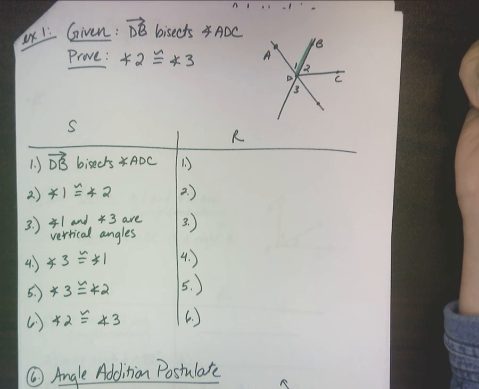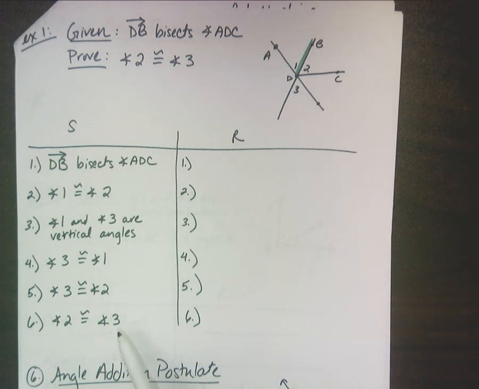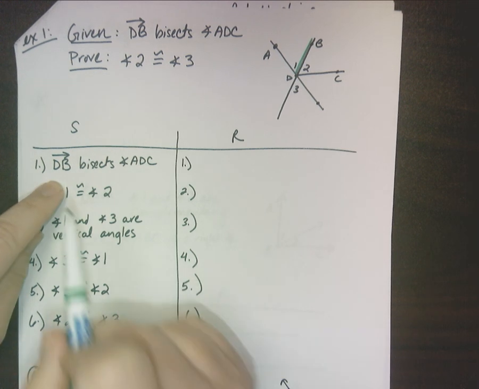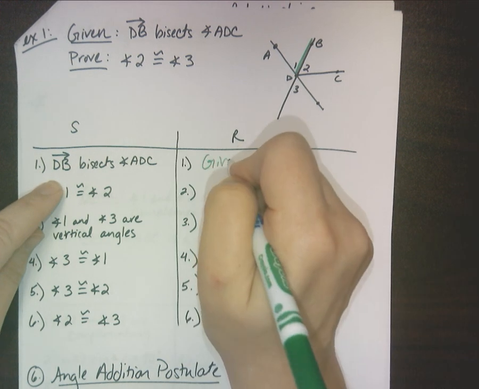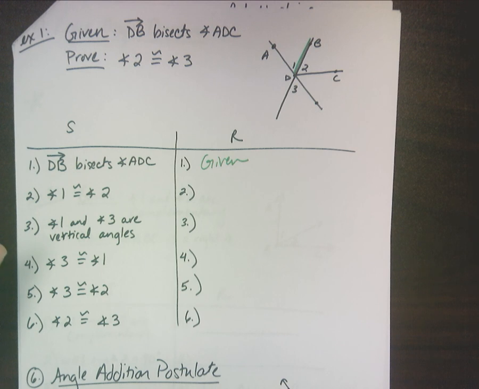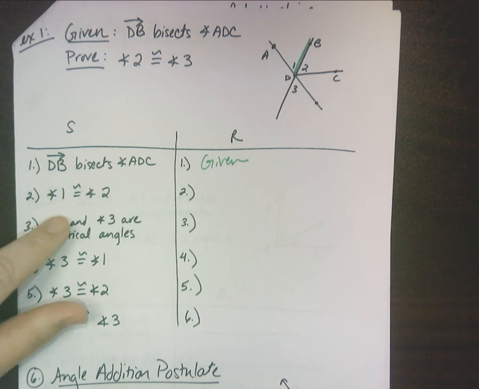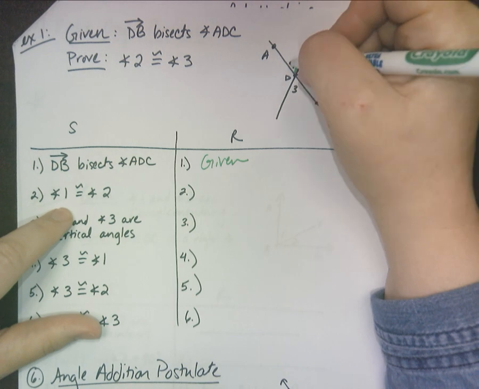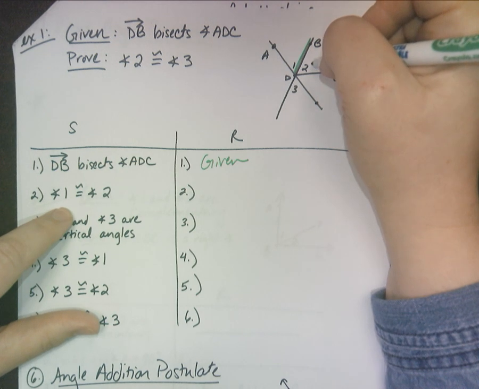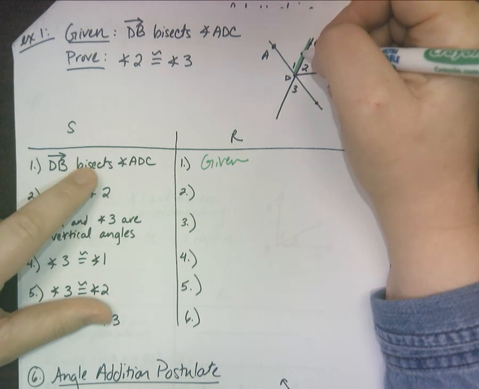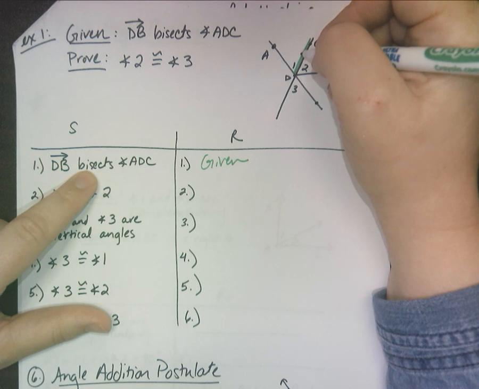All right, so they've given us the statements. We're going to go through the reasons. Number 1 looks like a given because it is. It's given. Number 2: why is angle 1 congruent to angle 2? Well, remember yesterday with midpoint?